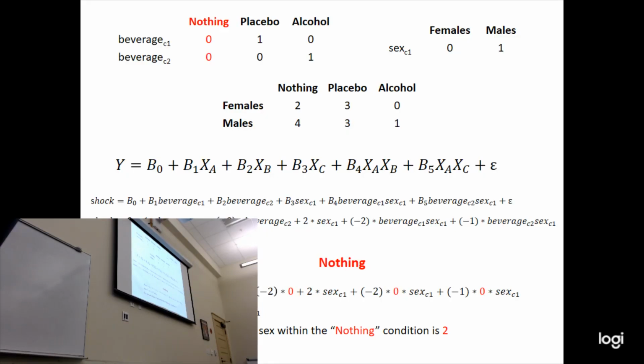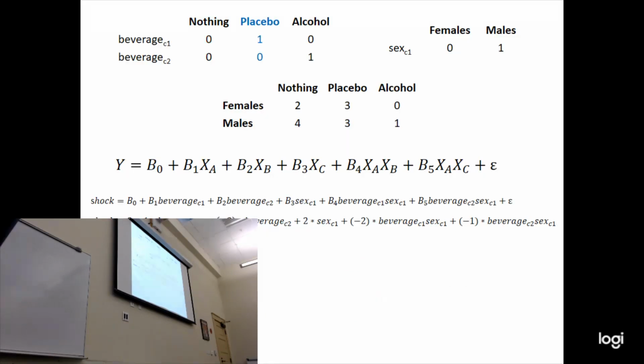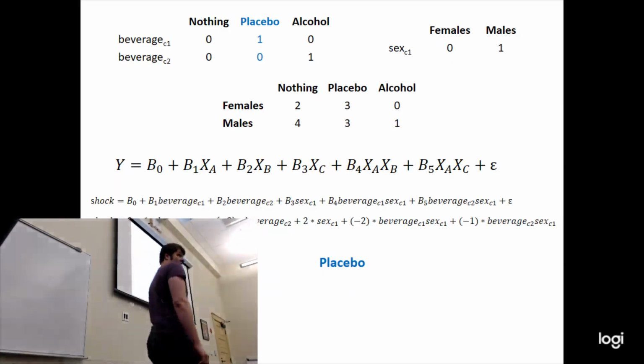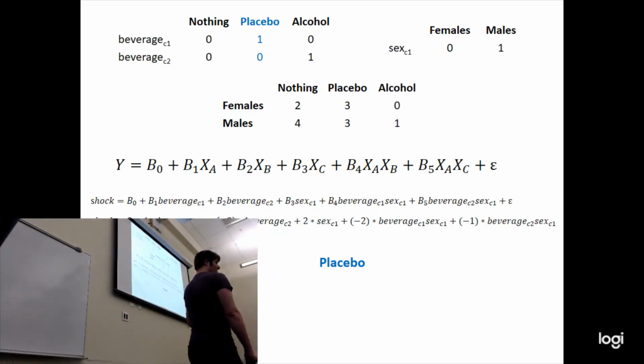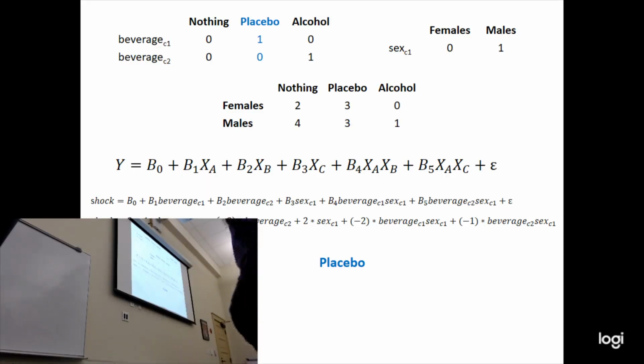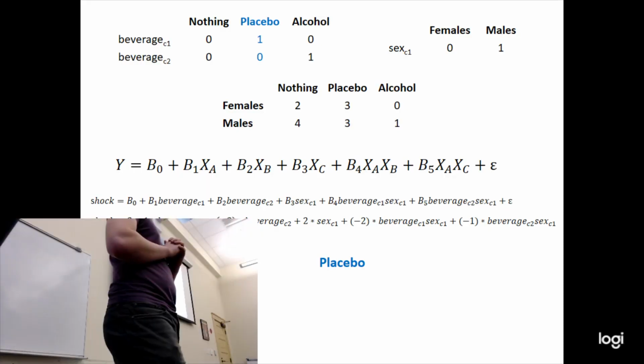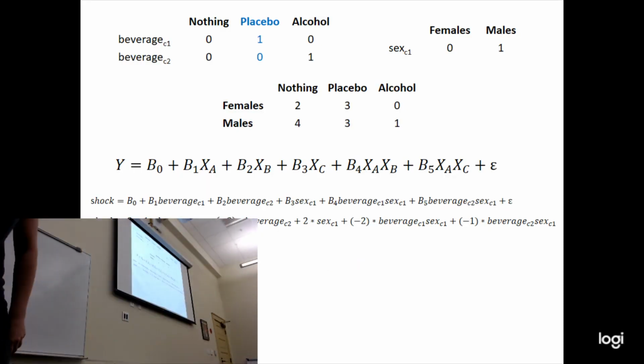Okay, so this is the simple effect of sex in the nothing condition. If we want to find the simple effect of sex for the placebo condition, we go through a similar process. Just going back to the previous one, to be clear, the simple effect is 2 because you're just looking at the coefficient 2, not the intercept?